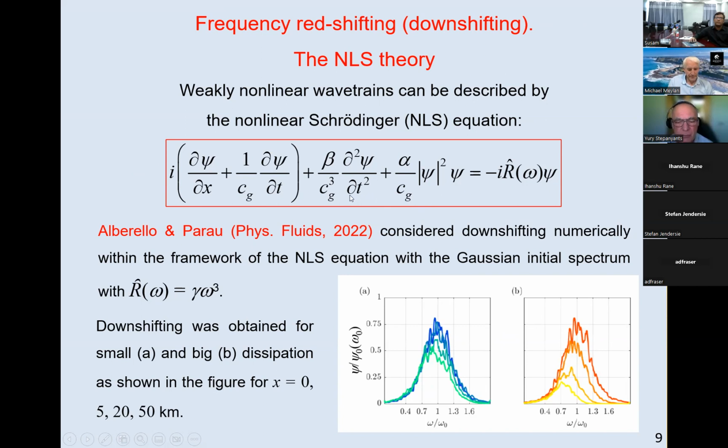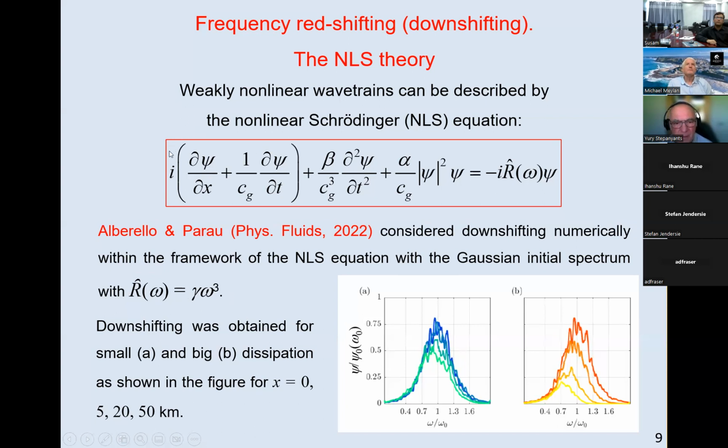Such an approach was used by Alberello and Parau in their paper of 2022, and they augmented this equation by an additional term here, which describes the dissipation of a wave field. Here the operator R hat in their paper was simply gamma omega cubed. So they considered the decay where the decay rate is proportional to omega cubed.